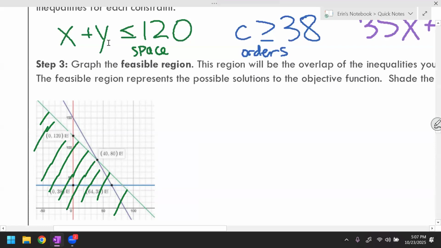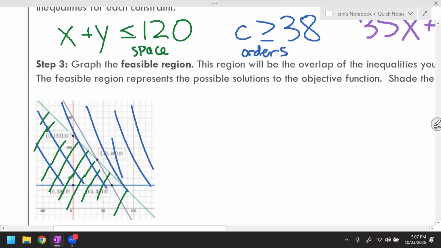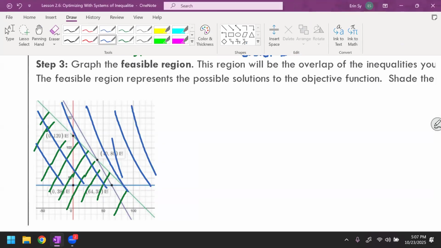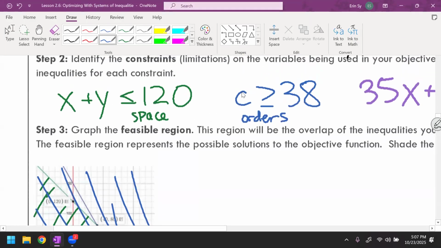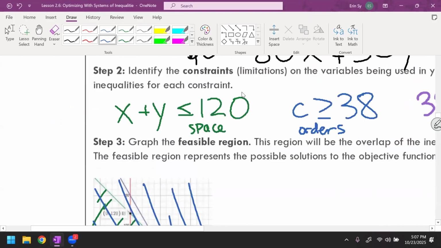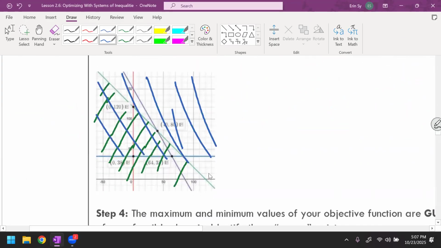C being greater than 38, well, here's my C equals 38 line, and C being greater than that means I go above my blue horizontal line. And my costs being less than 3,000, that's represented by this purple line here.